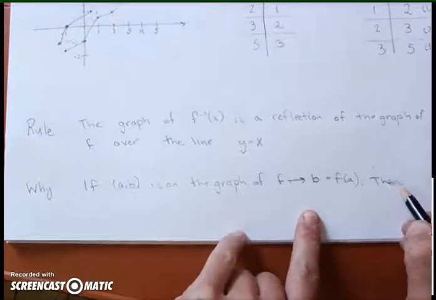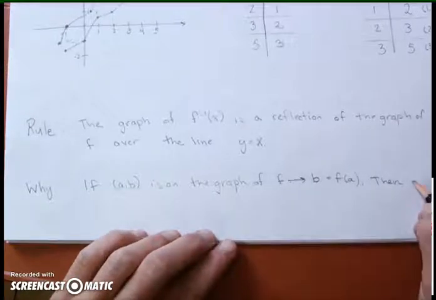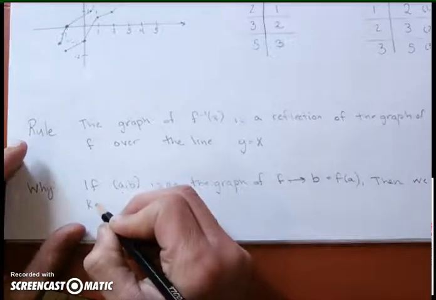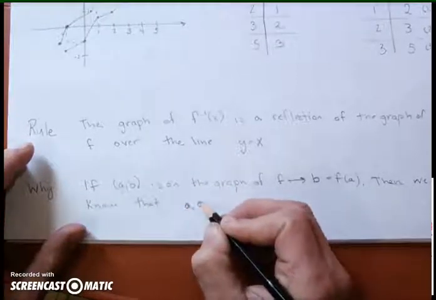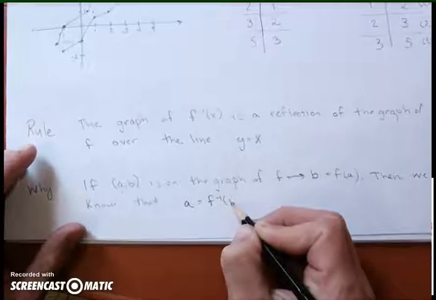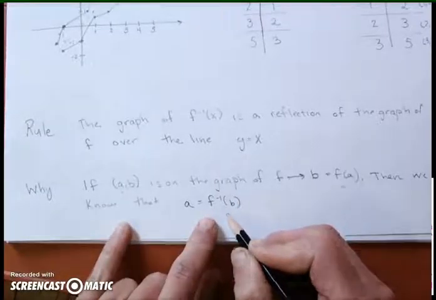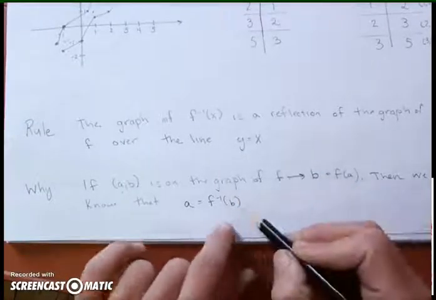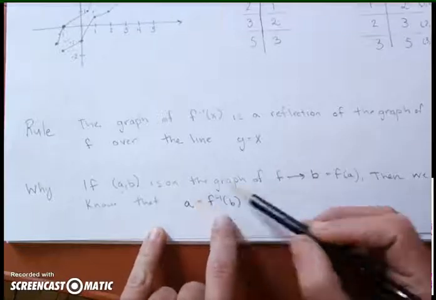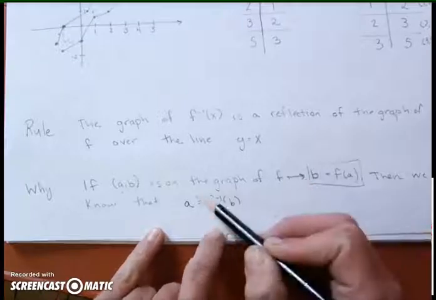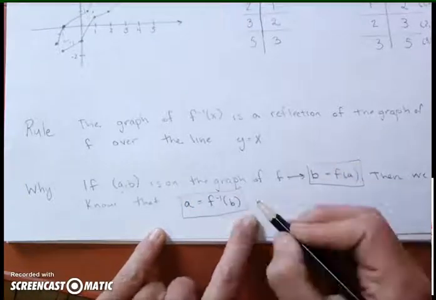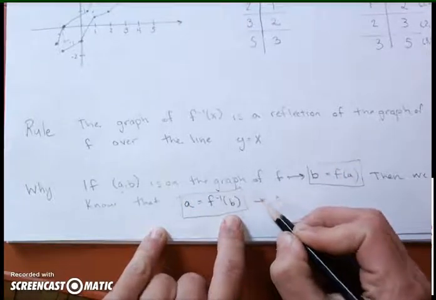Then we can say that a equals f inverse of b. That's the definition of inverse. So f inverse of b is just the x value that I plug into f to get out b. So this tells us that this is true. But what does that mean?